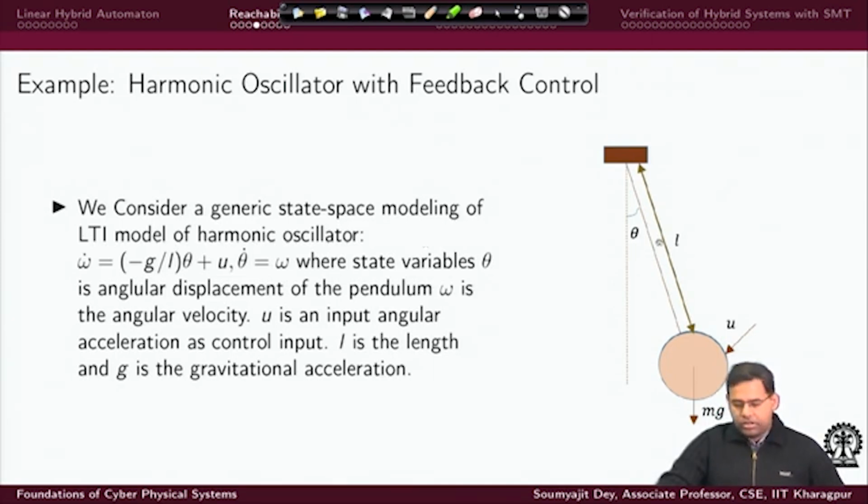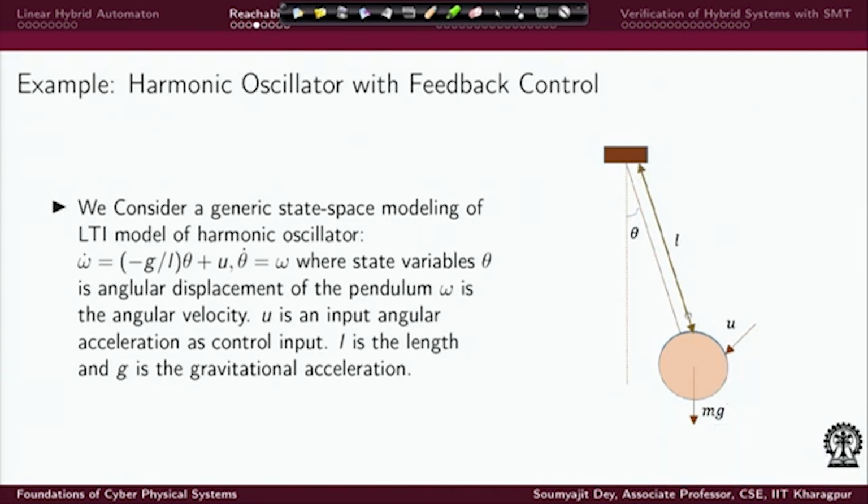We have a harmonic oscillator here, as you can see. You are going to give a control force u from outside, and if you give the force here, it will overshoot to this side. If you then change the direction of the force, you will overshoot to this side and so on, right.